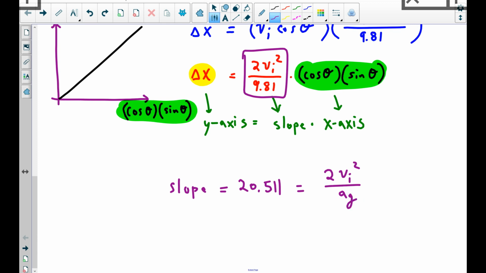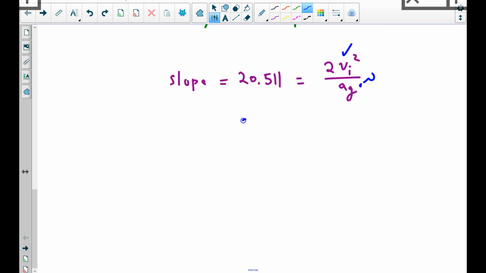So here's what I'd like you to do. Plug in your initial velocity, which for me was 10, and solve for the acceleration due to gravity in your experiment. In other words, I'm going to actually solve this out. For my initial velocity, I had 10.